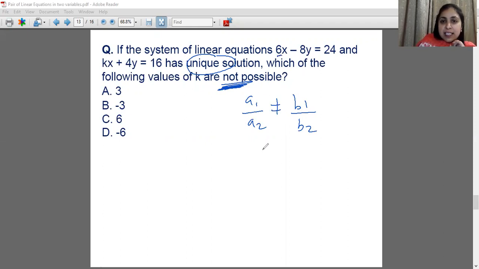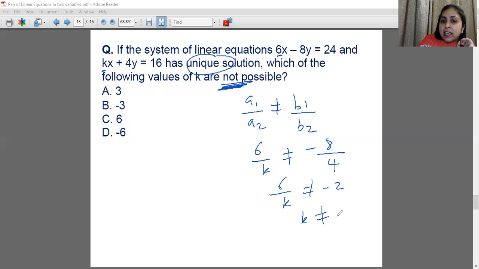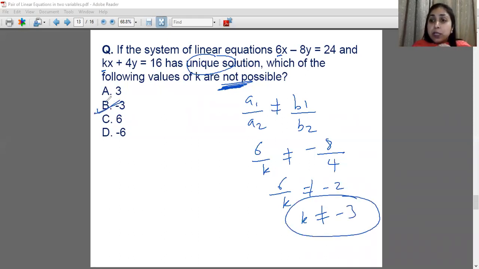Here my a1 is 6 and my a2 is k, which is not equal to minus 8 upon 4. So 6 upon k is not equal to minus 2, or I can say k is not equal to minus 3. Means if I put k equal to minus 3 here, then the system will not have unique solution at all. Got it?